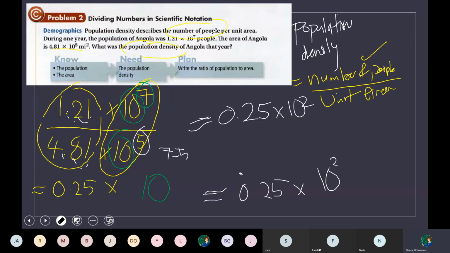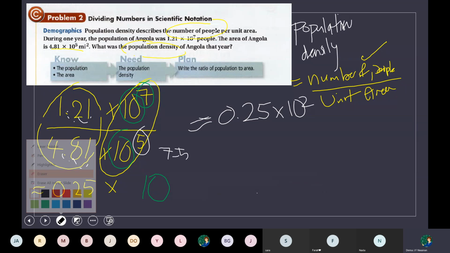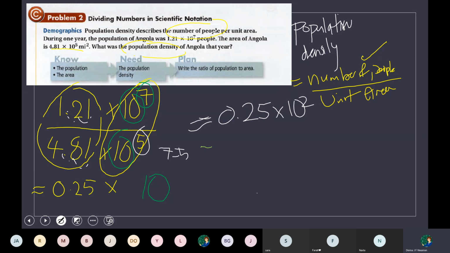Then I will erase what I wrote down here. Now, after that, 0.25 times 10 to the power 2. What is the number that's written here? It is 2. So, because of that, I will move the decimal point 2 digits.